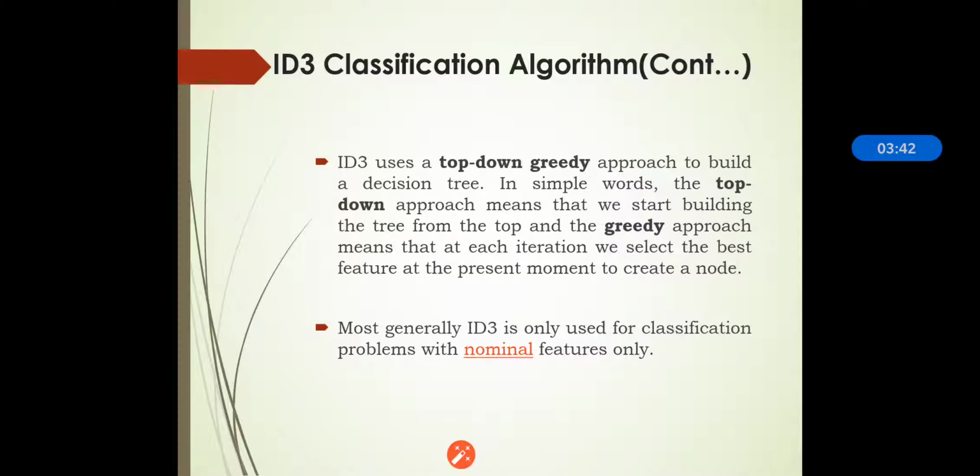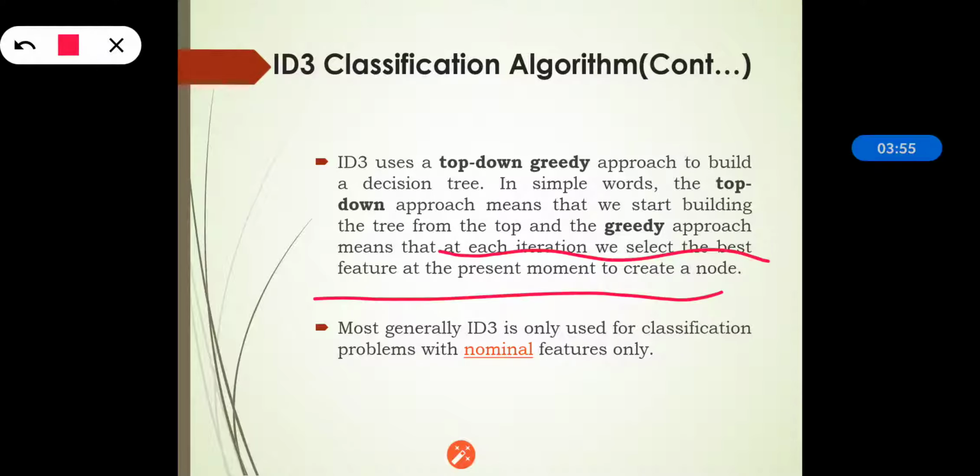In simple words, top-down means that we start building the tree from the top, and greedy means that at each iteration we select the best feature at the present moment to create the node. That's why it is called the top-down greedy approach.